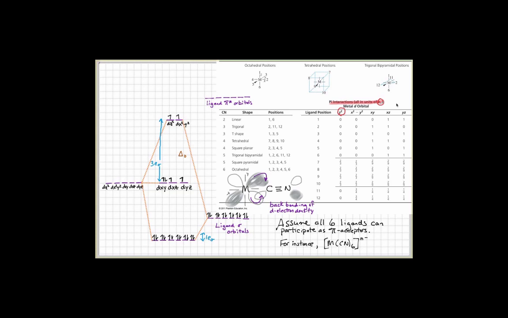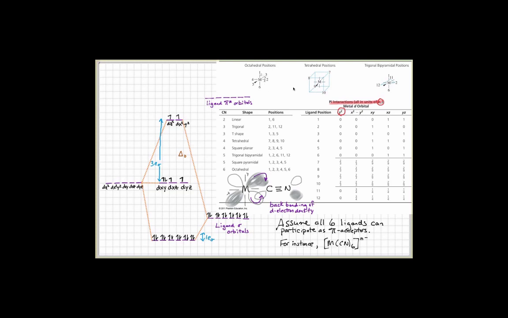The dz squared has 0 pi interaction with ligands in positions 1 through 6 in our octahedral complex. So these 6 cyanides arranged in an octahedral fashion occupy positions 1 through 6. Same positions we just worked on with our sigma interactions.